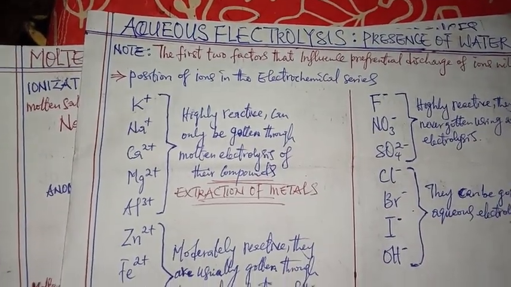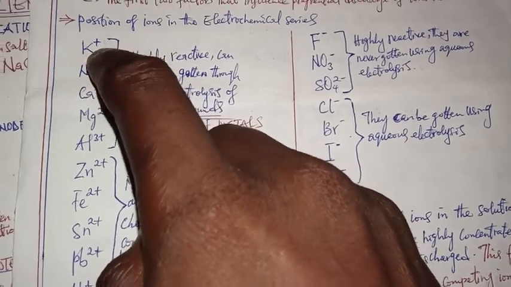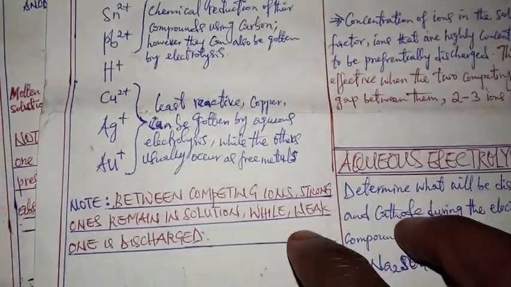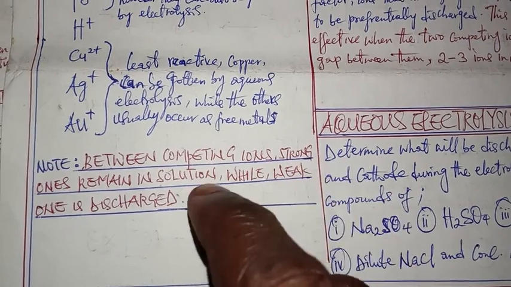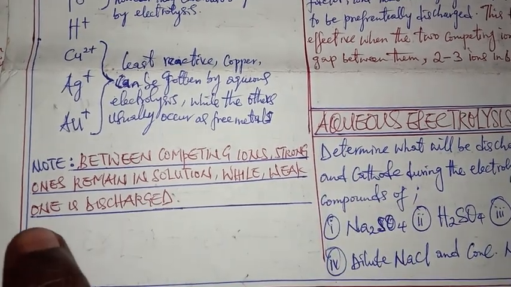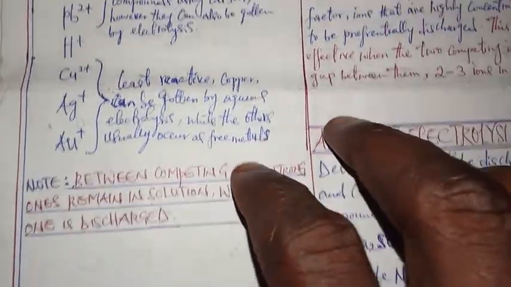Since sodium is above, it means that sodium is stronger than hydrogen. And when there is competition between competing ions, strong ones will remain in solution while weak ones will be discharged.